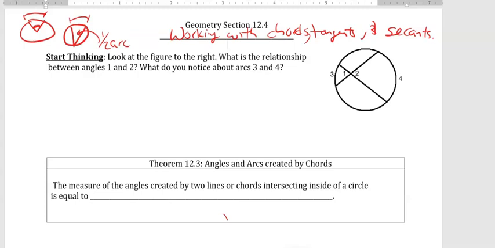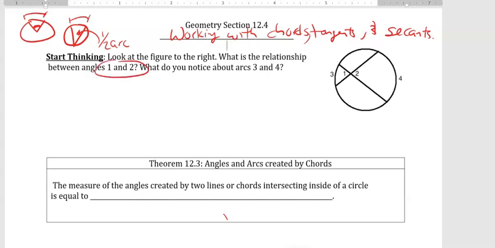Now, when we look at this figure over here, look at angles 1 and 2. Are those central angles? Does it go to the center? No. Is it an inscribed angle? Does it go all the way to the side? No. The other question it has here is, what do we know about angles 1 and 2 for sure?